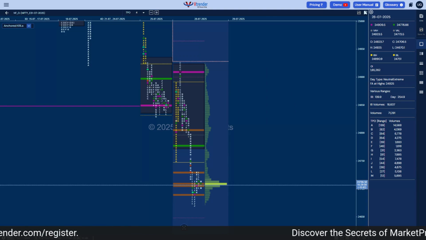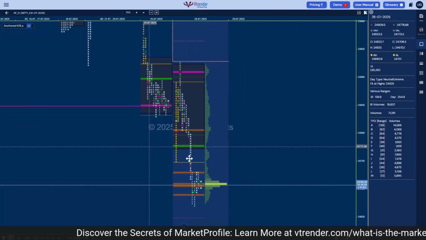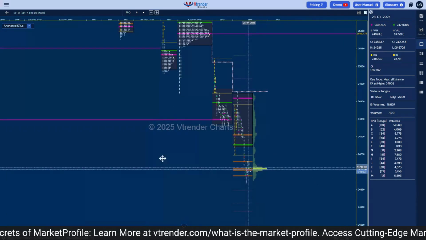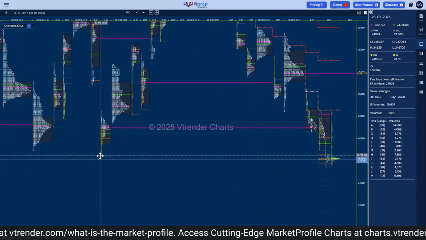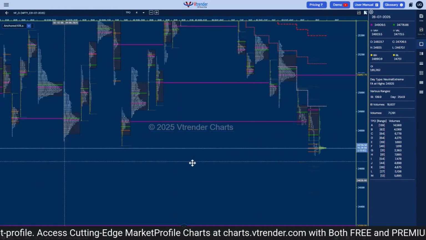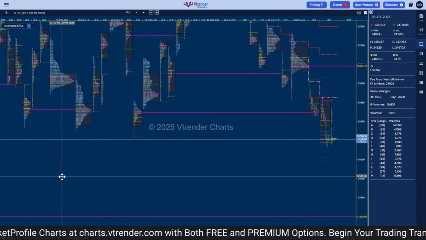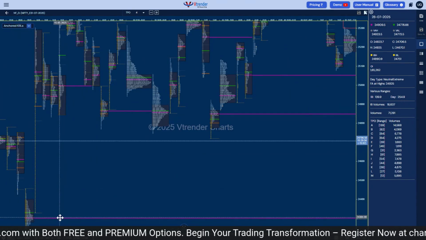So let's now move on to the Bank Nifty. And because we are making new lows for the series in Nifty futures, we have already broken below the swing low of 13th of June. So we can expect more downside, and because the lower VPOC is a much earlier point, this is 8th of May, which is at 24,300.